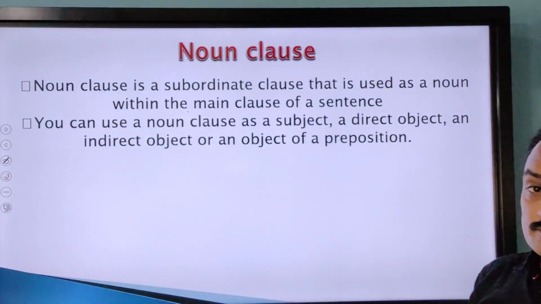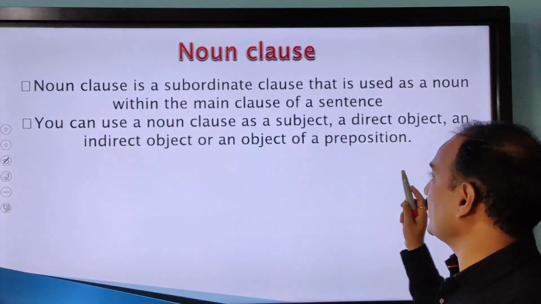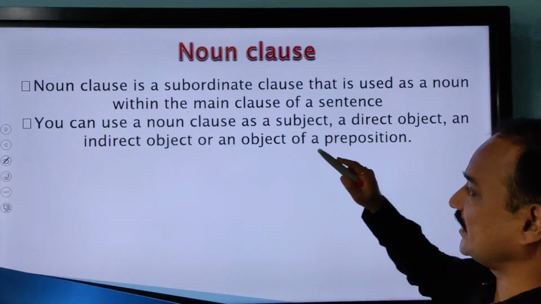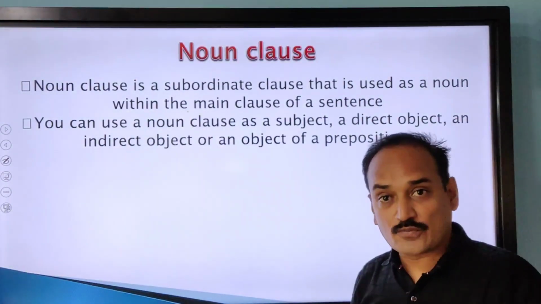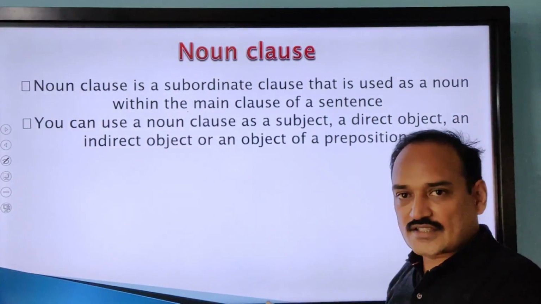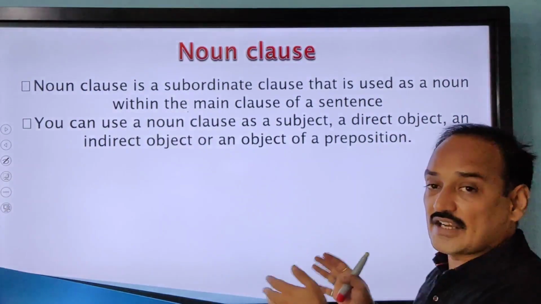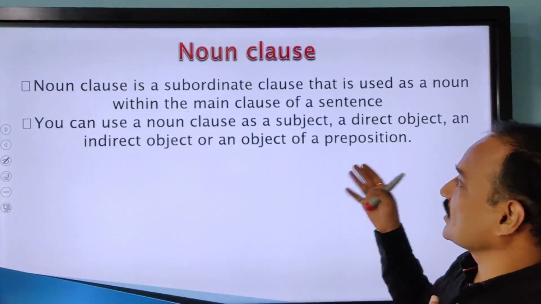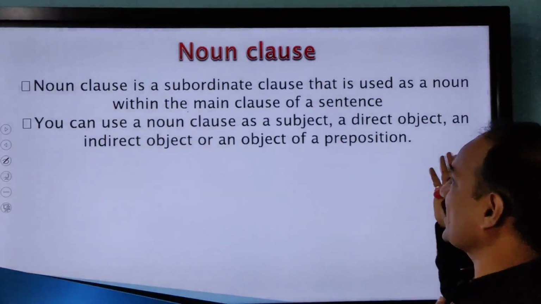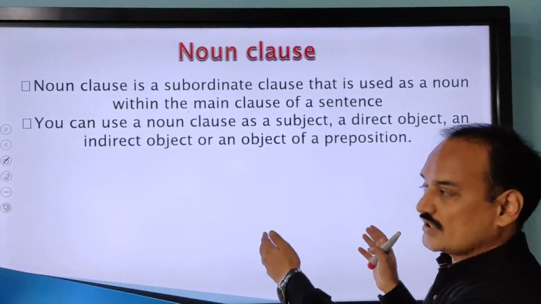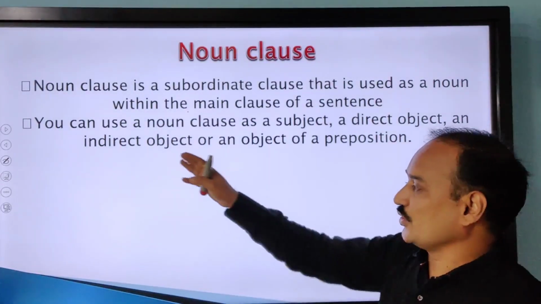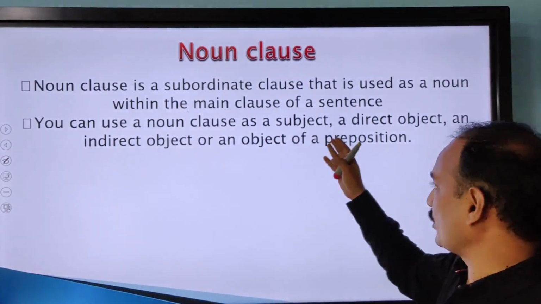Noun clause. A noun clause is a subordinate clause that is used as a noun within the main clause of a sentence. Whatever work a noun performs in any sentence, that same kind of work is done by a noun clause. It is a subordinate clause and it is used as a noun in the sentence. You can use a noun clause as a subject.